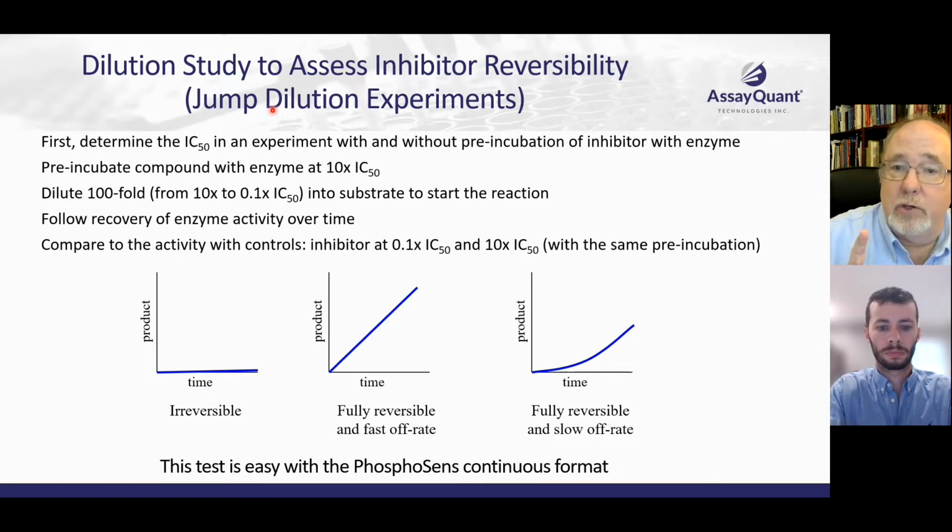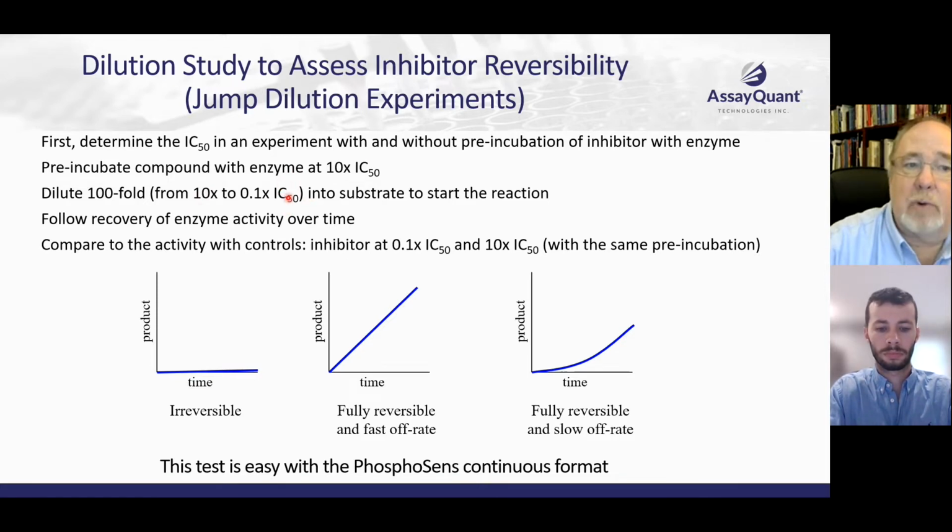Critically, you would pre-incubate the compound with the enzyme at a concentration that's 10-fold over its IC50. So that's just a pre-incubation. You haven't started the reaction yet. And then after an hour or so, you dilute that reaction 100-fold into substrate that actually starts the reaction. So you pre-incubated at 10-fold over the IC50, but now you're 10-fold under the IC50.